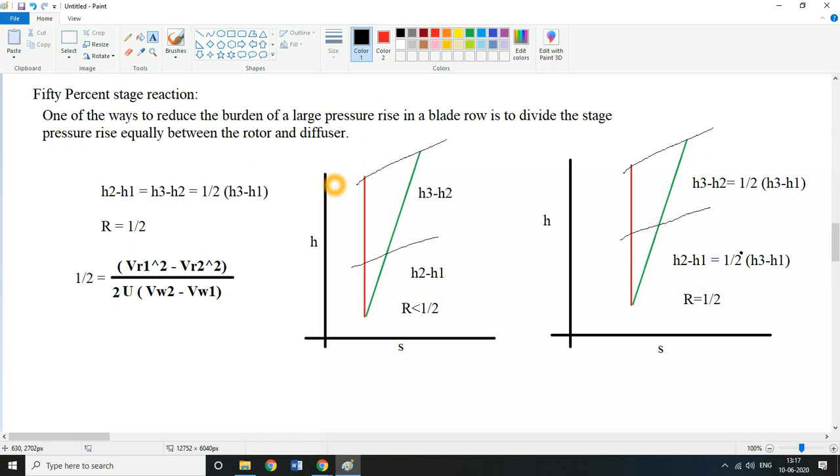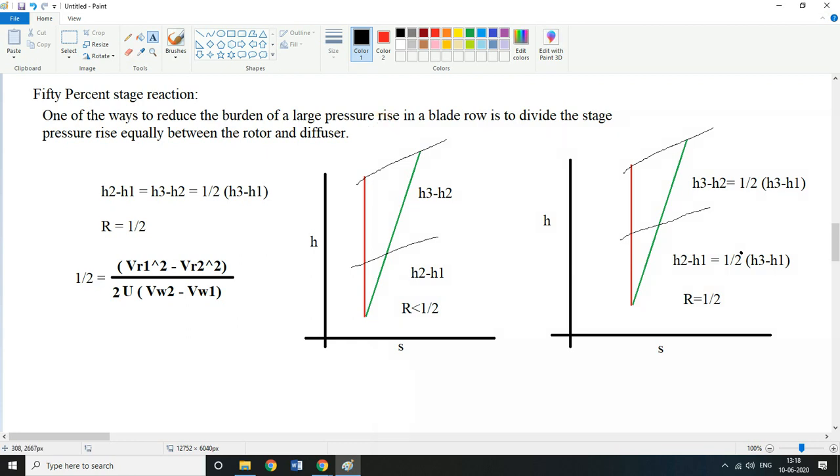If you divide the degree of reaction to exactly half, you call it 50% stage reaction. By doing so, the burden on the compressor will be reduced. Otherwise there is a large pressure rise, mostly taking place in the rotor. So to avoid that, the designer will try to design the stage with 50% degree of reaction in the first blade set and another 50% in the second blade set.